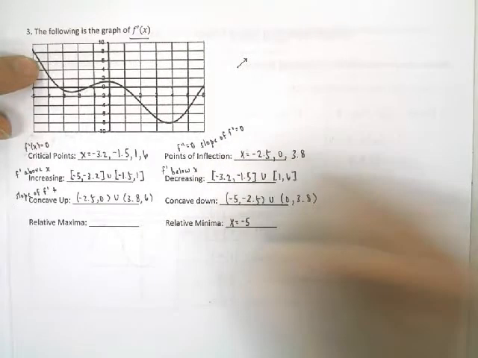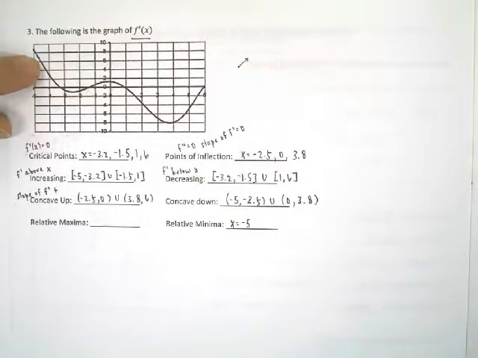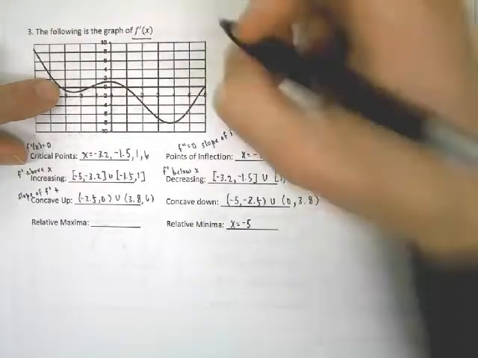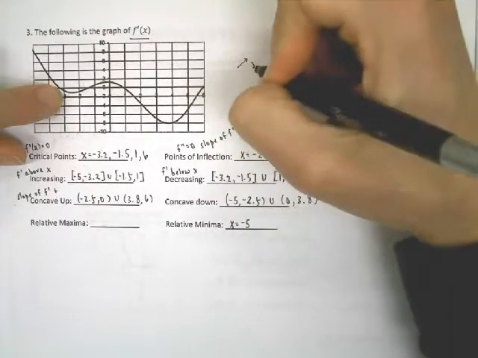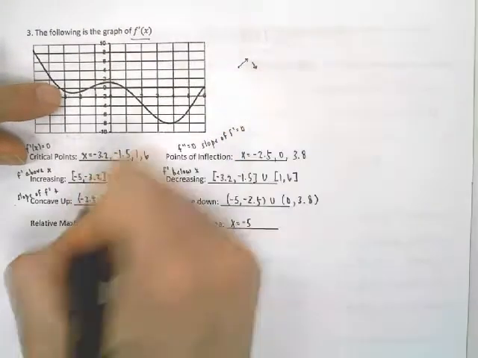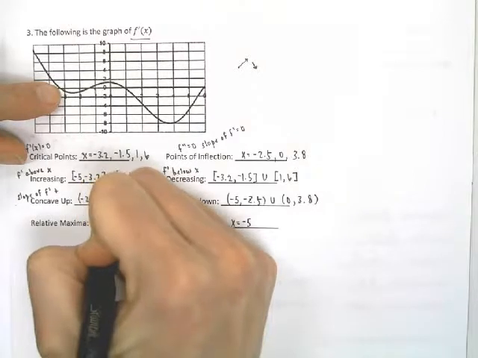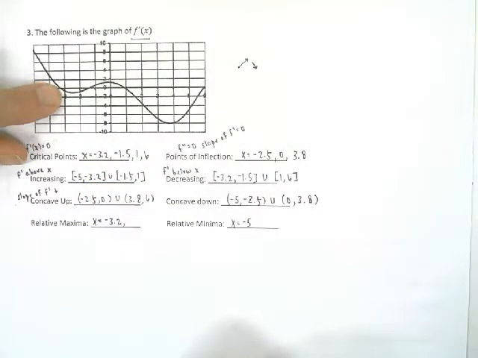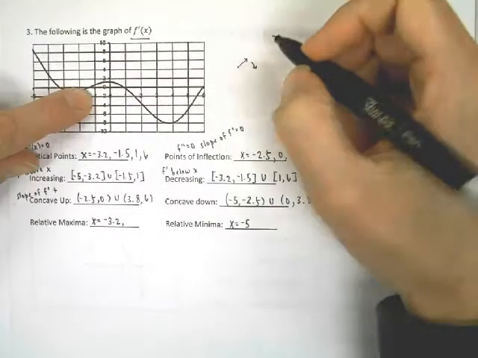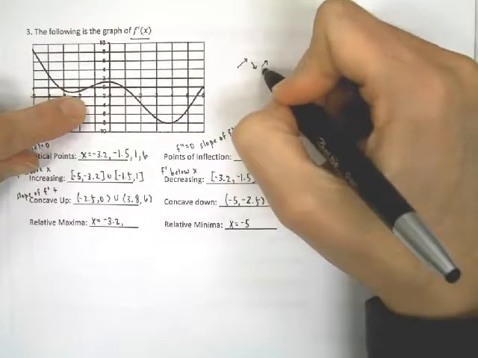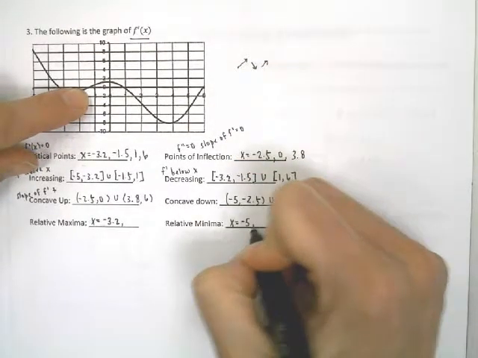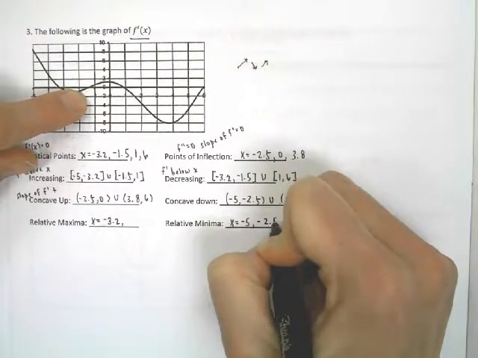So I have a minimum at -5. Here I change from positive to negative. So I'm going to have a maximum at my -3.2. Now I'm going to change from negative to positive.